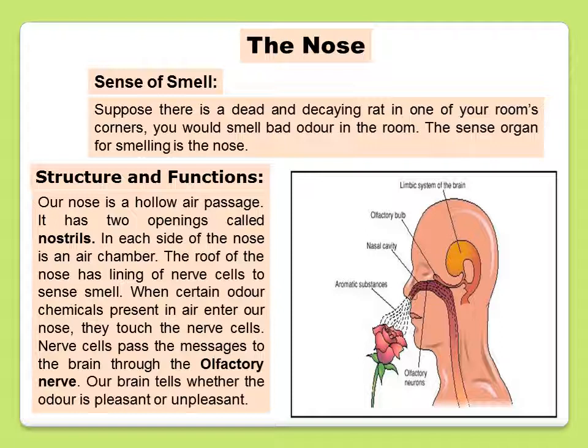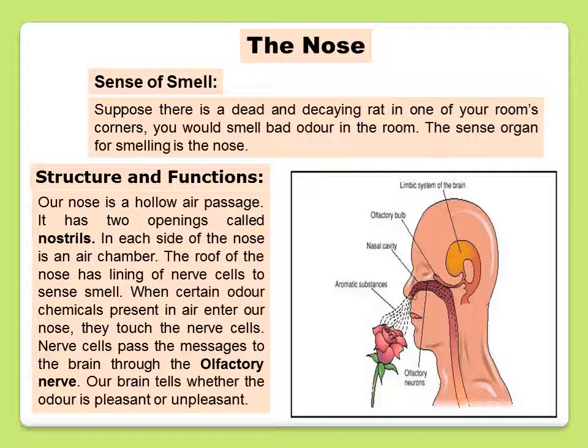Let us describe its structure. Our nose is a hollow air passage. It has two openings called nostrils. In each side of the nose is an air chamber. The roof of the nose has lining of the nerve cells to sense the smell.